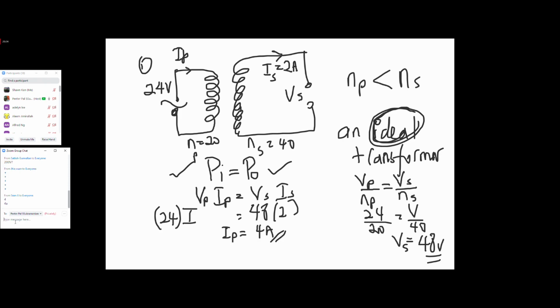Next one, we call upon Averil. Averil, how are you? Apa khabar? Baik? Okay, Averil, if I look at step-up and step-down transformers, in which transformer is the output current bigger? Step up or step down?